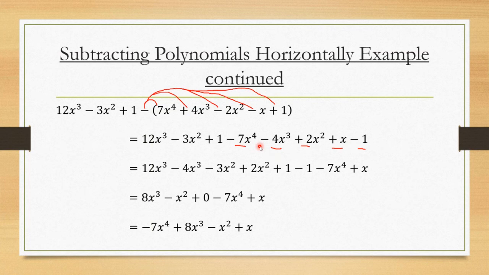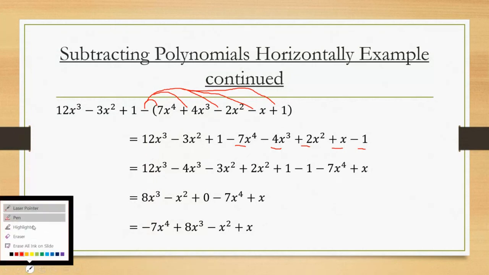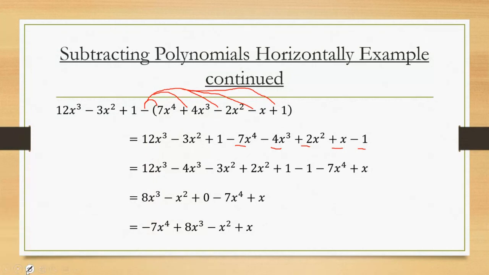Now we have to look for like terms and combine them. So we have 12x cubed. Let me change the color of the pen, might make it a little easier. Any like terms with that? Oh, here we go, minus 4x cubed. So those two are going to be together.